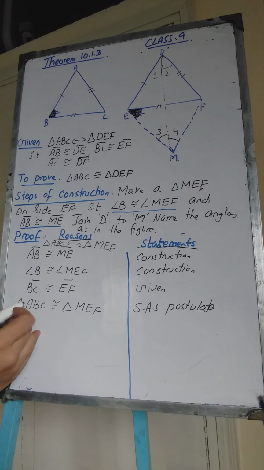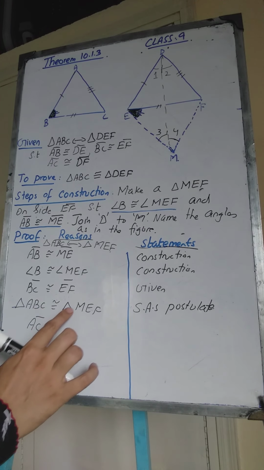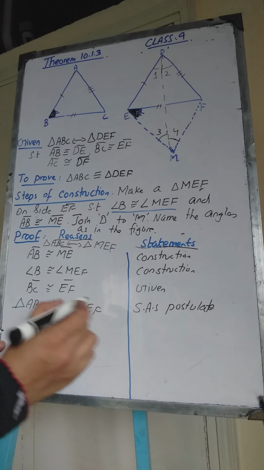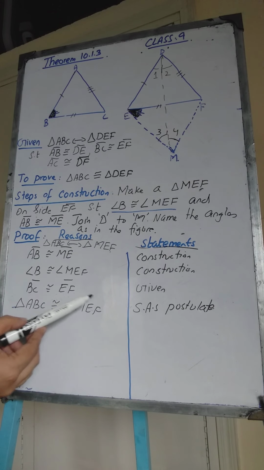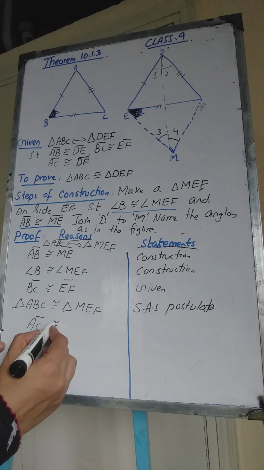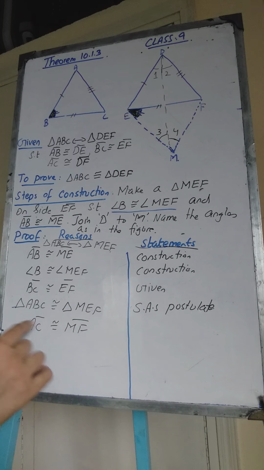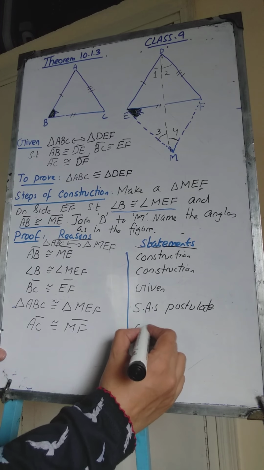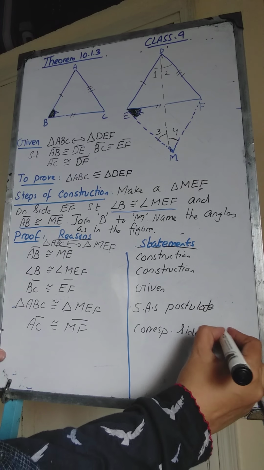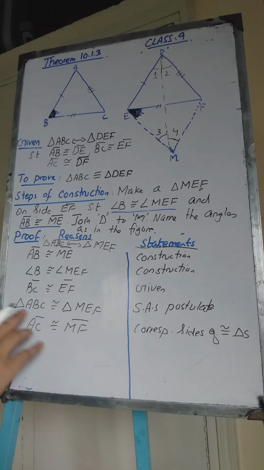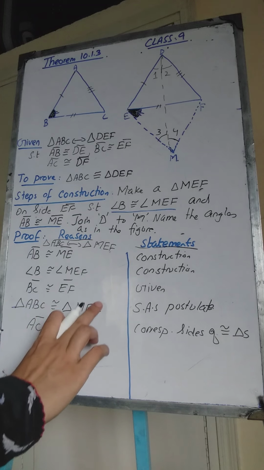For this, consider the side AC. AC of this triangle will correspond to the side MF of triangle MEF. As they are corresponding sides and the triangles are congruent, therefore MF will be congruent to AC, because these are the corresponding sides of congruent triangles. As the triangles are congruent, all its corresponding sides are congruent. So it means that AC will be congruent to MF.